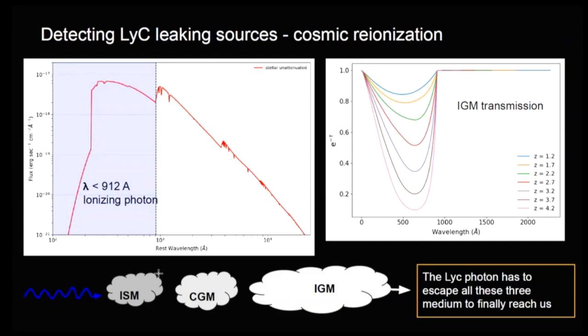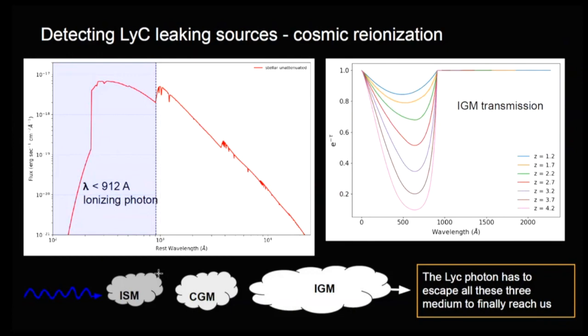So we are taking this as a target and trying to identify such leakers at different redshifts. The difficulty, as we already know, is the IGM, which changes drastically at higher redshift. At redshift higher than 4, we have not found any direct detection of such sources.